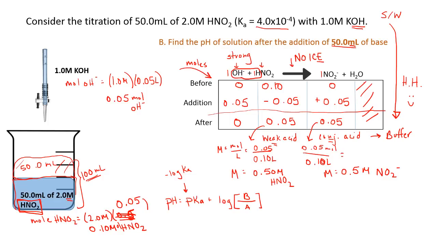It's just like we're in class, and you have to watch me do my work at the board. 3.39. It's really 3.398. And then we're going to add the log of the base over the acid. Turns out the base and acid concentrations are the same. The log of 1 is just 0. So our pH, after the addition of 50 milliliters of 1 molar potassium hydroxide, is 3.398, which we'll just call 3.40.